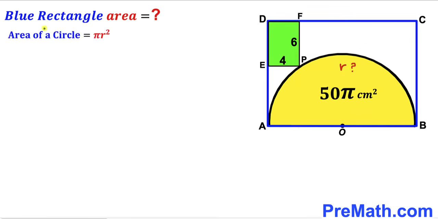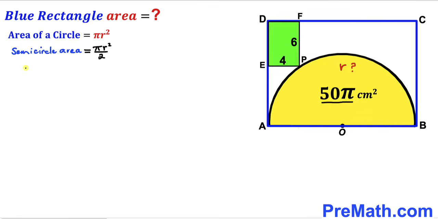Now let's recall the area of a circle formula. Area is always equal to pi r squared, where r is the radius. Since we are dealing with this semicircle, the semicircle area formula is going to be pi r squared divided by 2. In our case, the area of this semicircle has been given to us as 50 times pi.